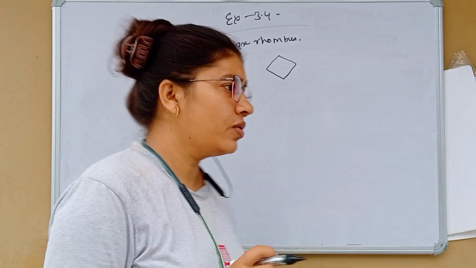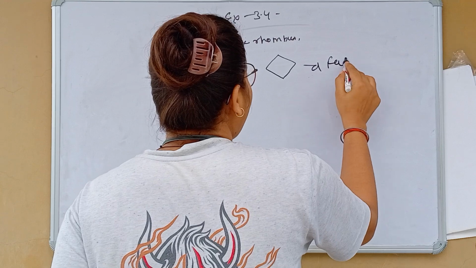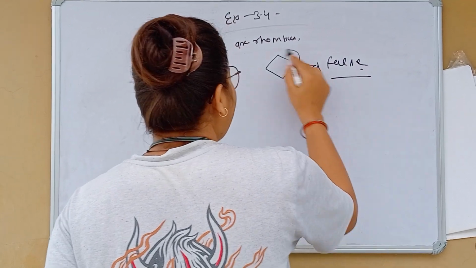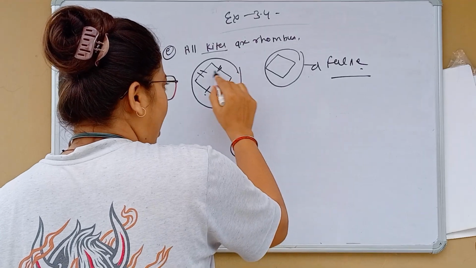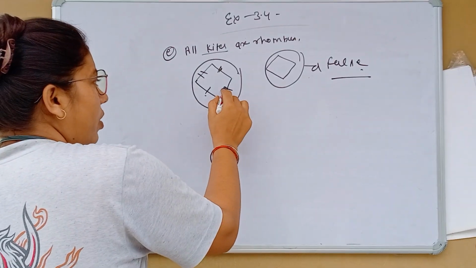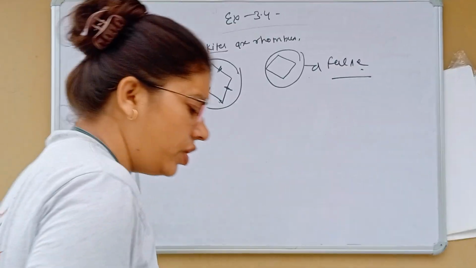In a kite it can be only two sides equal also.